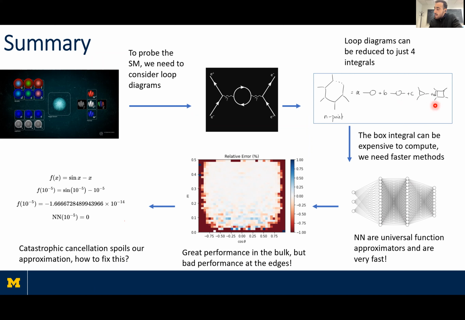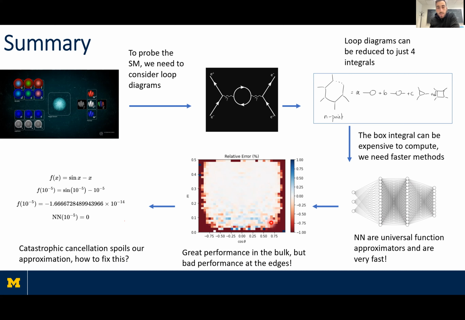And we said that, okay, there's this box integral that's really hard to compute. So maybe we can evaluate it faster. We can do an interpolation or an approximation scheme. And that's where we considered neural networks so that we can get fast evaluations. We saw that neural networks are universal function approximators and they're very fast. So we applied it to the example of light by light scattering. But what we saw is that, yes, for the bulk of phase space, there was very good performance.